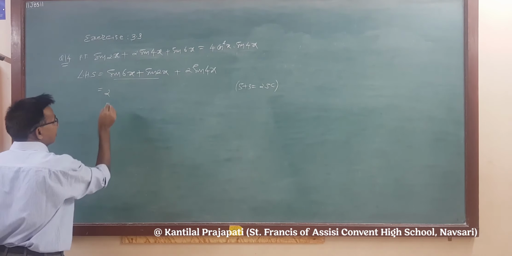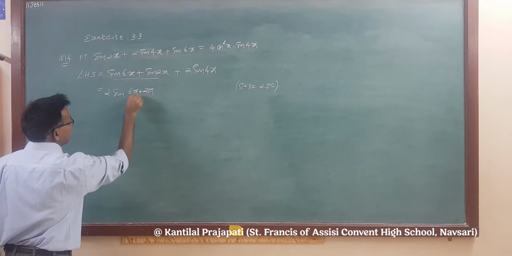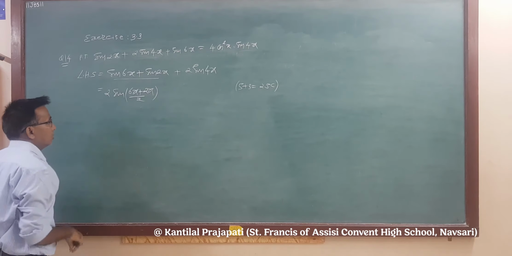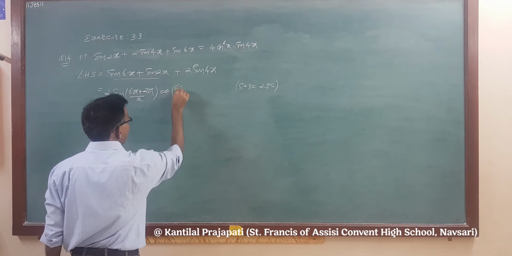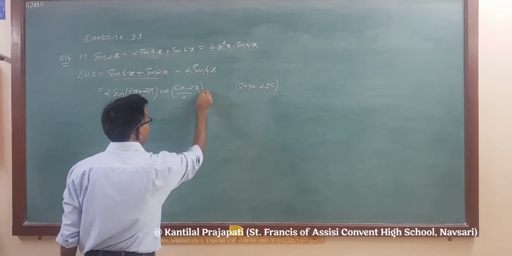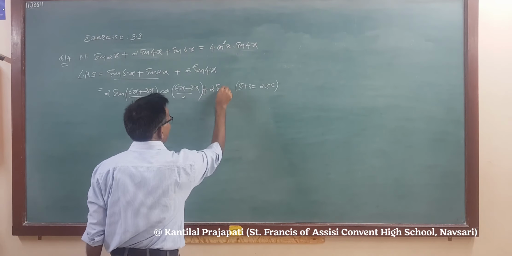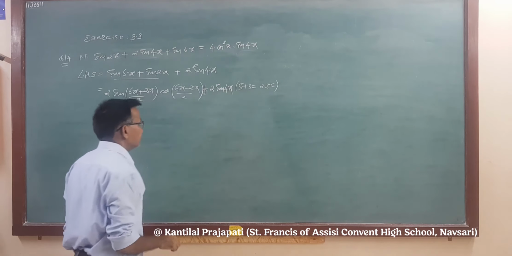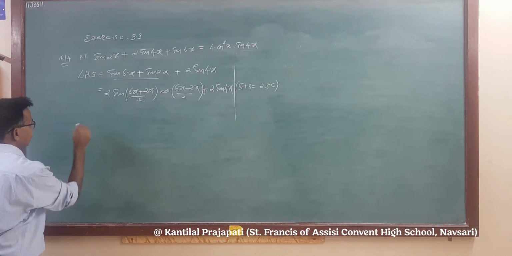So 2 times sin of the sum of angles, 6x plus 2x by 2, into cos of the subtraction of angles, 6x minus 2x by 2, plus 2 sin 4x.